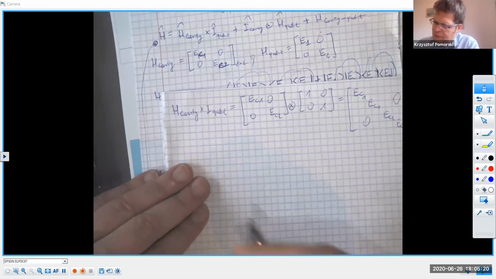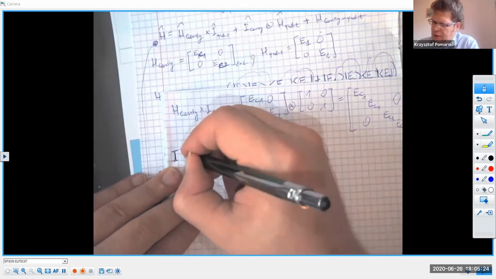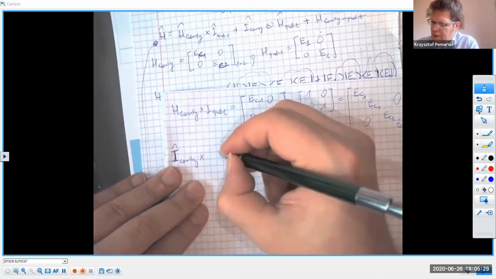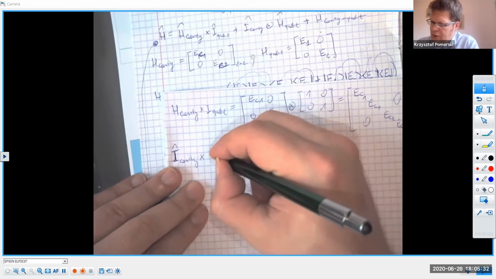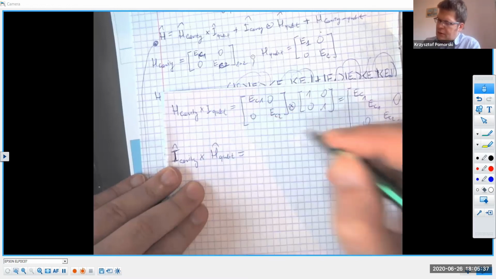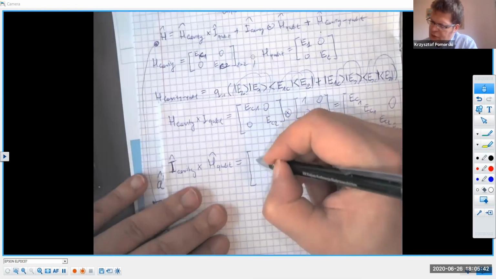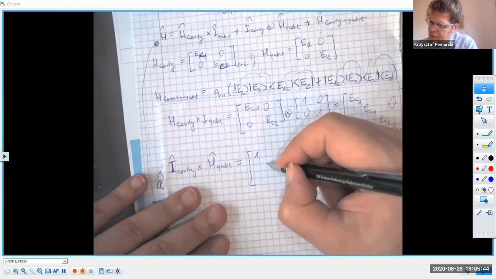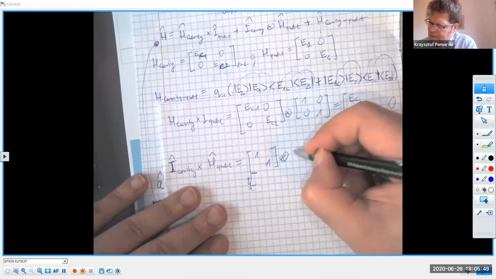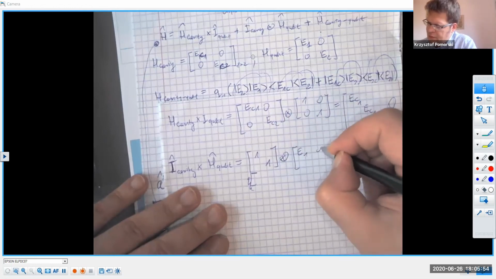Then we have this term where there is cavity 1 times a qubit, and so what we have is such a situation: E1, E2.